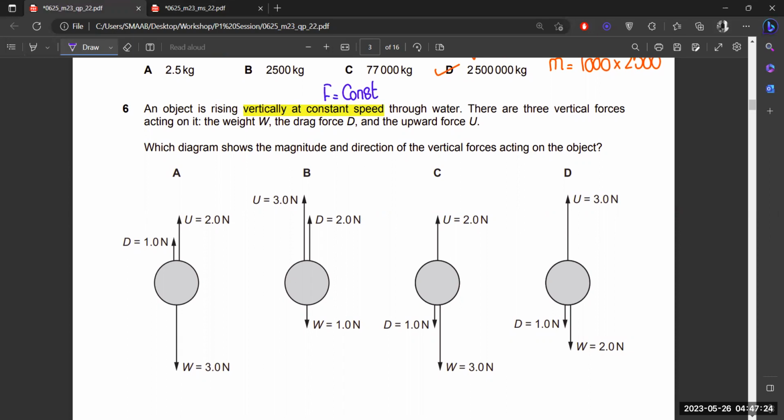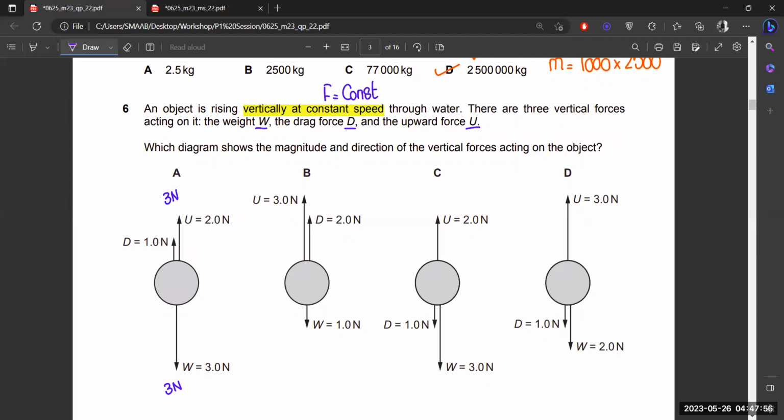Okay, so let's check in option A, we are getting 3 Newton in upward direction, and yes, 3 Newton in downward direction. Okay, and let's check the quantities also, because W is the weight, D is the drag force, and the upward force from the water is U. And we know that the object is rising vertically.